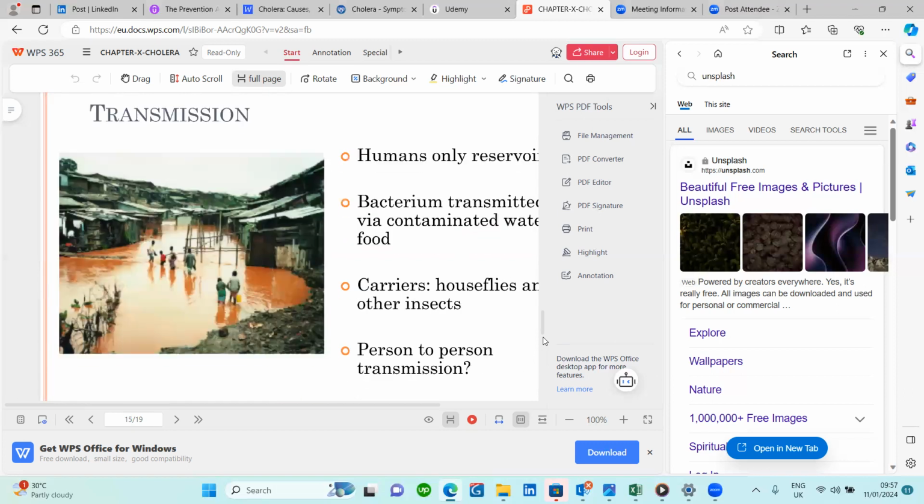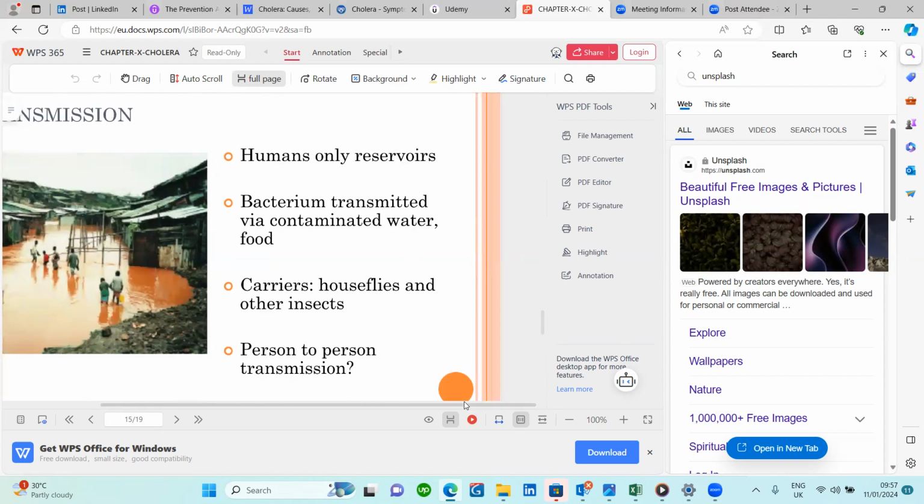So humans are the only reservoir of this infection. Bacterium transmitted via contaminated water and food. The carriers include houseflies and other insects because they touch feces.